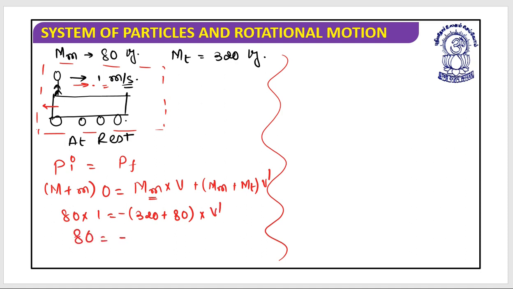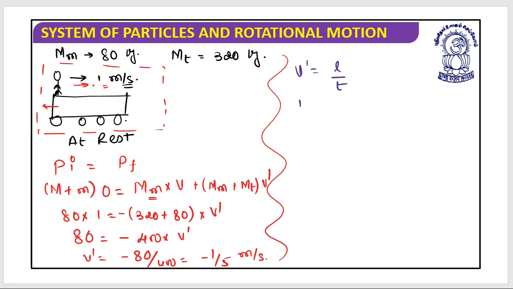So 80 is equal to minus 400 into v dash. So v dash is 80 by 400, which should be minus 1 by 5 meter per second.